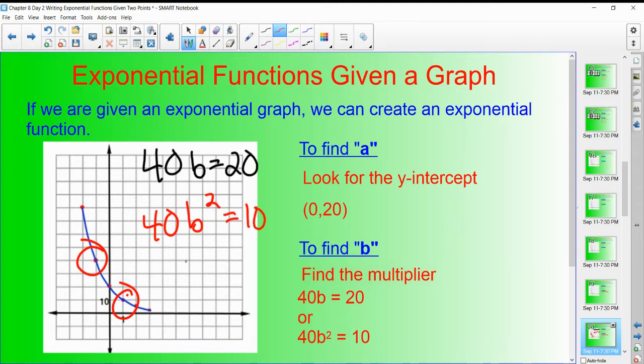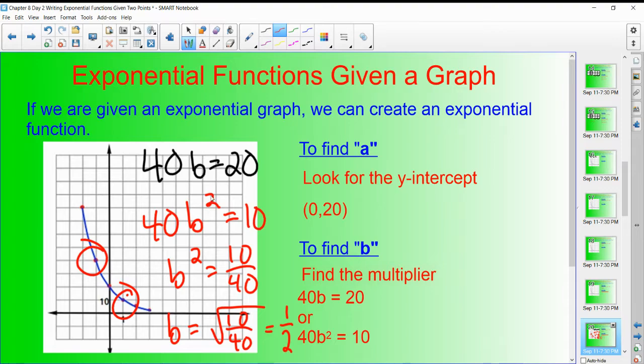Now to solve this second equation, I can divide by 40 on both sides. And then I could take the square root. We can undo a square by square rooting. And ultimately, in this case, you're going to get b is 1/2. It's much easier to solve the other equation, just 40b equals 20, but sometimes I don't get two points that are right next to each other.